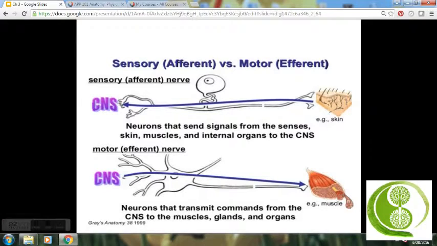And then this gives you a diagram again of the skin over here, and it's sending the message to the central nervous system through the sensory nerve, or the afferent nerve. Then your brain will interpret that, and it will send it back from the central nervous system, which is your brain and spinal cord, along the motor nerve, or the efferent nerve, back to the muscle, the organ, or the gland, to create that response.